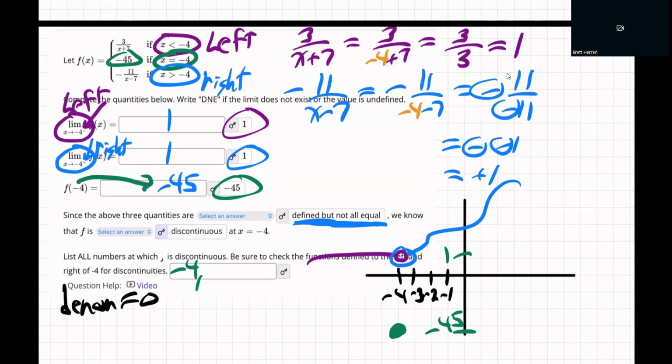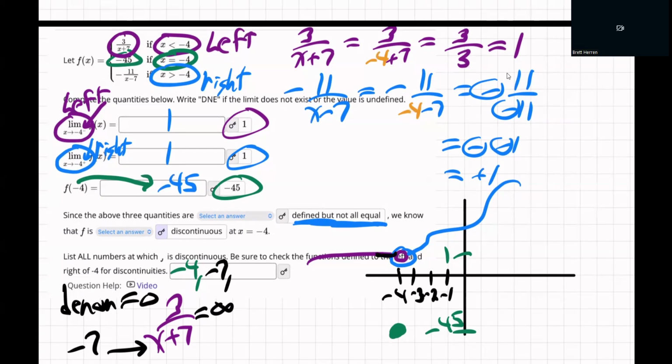So let's grab the one on the left, this guy, 3 over x plus 7, and ask ourselves, what could we plug in for x right there to make that denominator 0? Of course, -7. -7 will make that denominator 0, which will make that thing equal infinity. So it's going to go up forever, and it can't be continuous there, right?